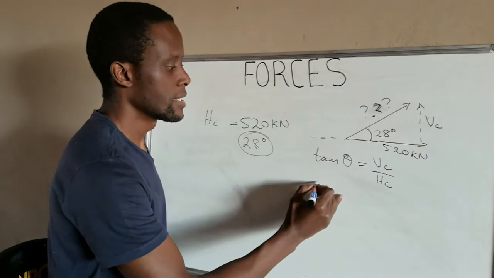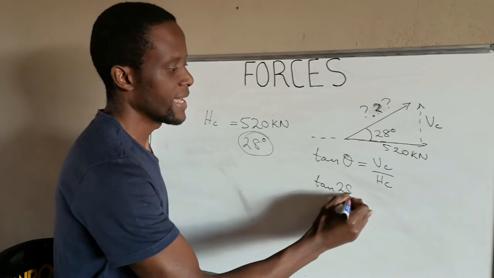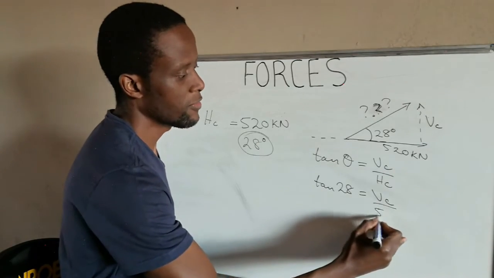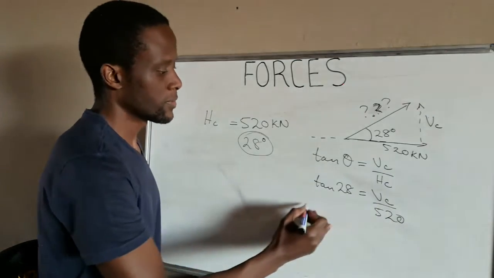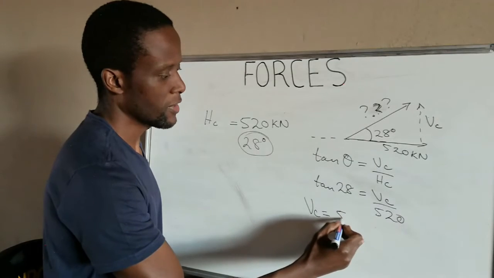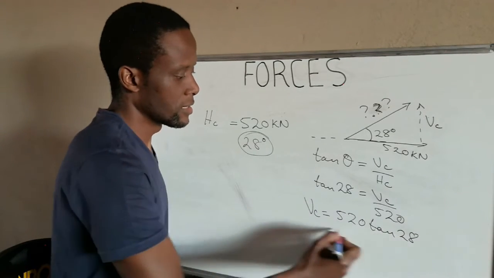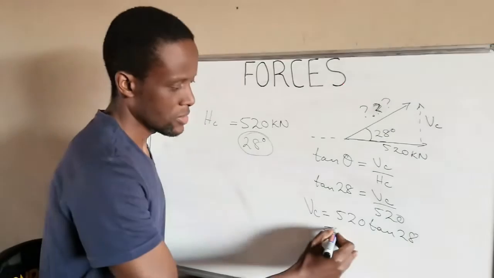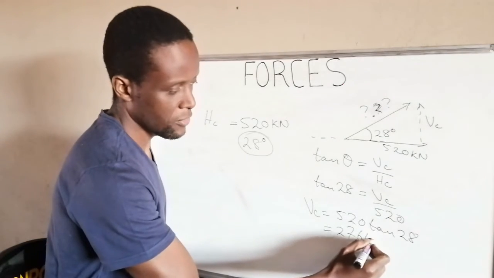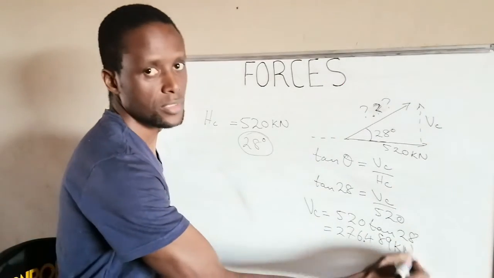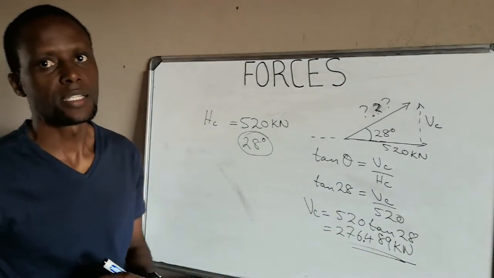So tan 28 is equal to the vertical component over 520. We cross multiply: the vertical component is equal to 520 tan 28 degrees, and what we have is 276.489 kilonewtons. Okay, so that is how you resolve.